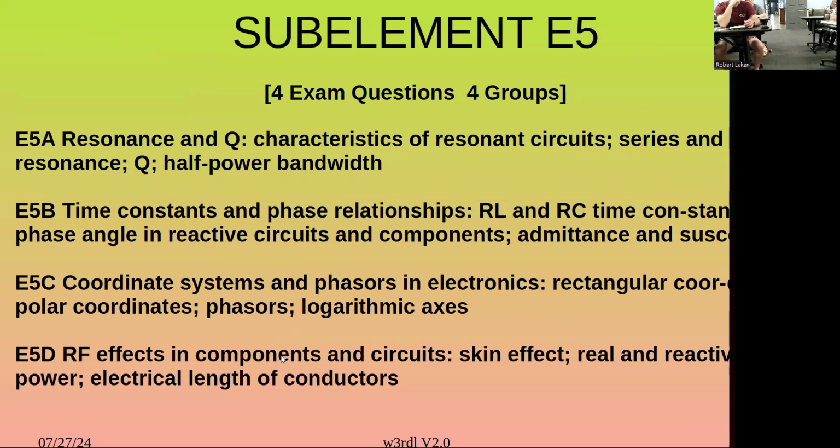Some of the newer stuff they've added is in the RF effects and components and circuits. So we talk more about skin effect and parasitics and inductance, capacitance in components. And then the other question, electrical length of conductors, and I'll mention that when we get there.